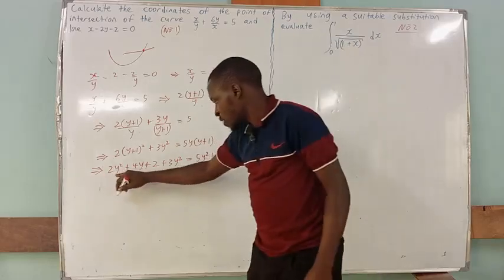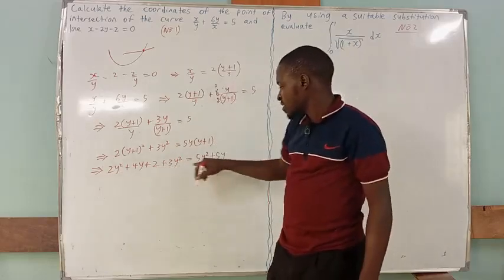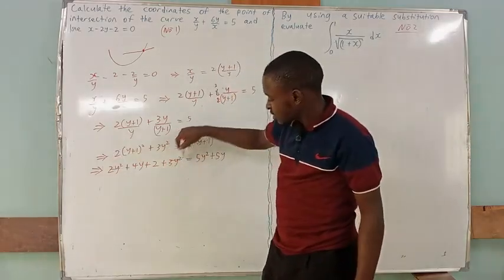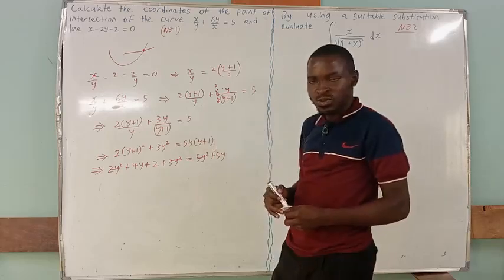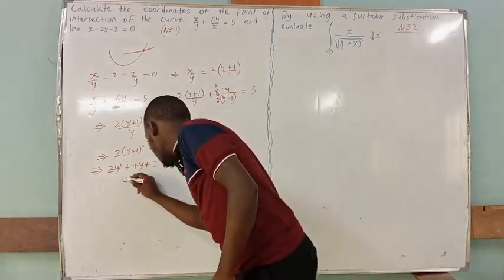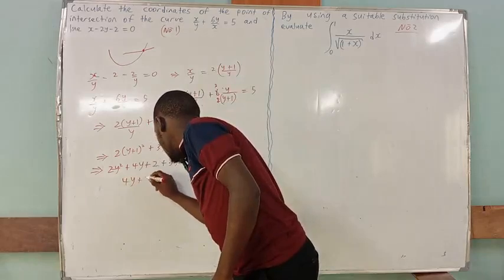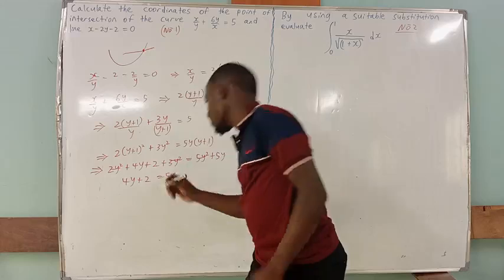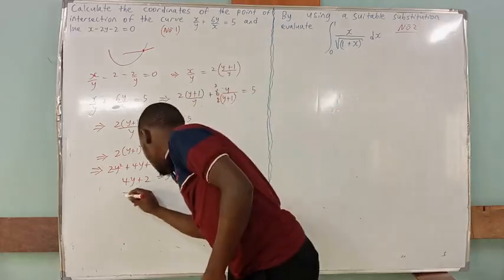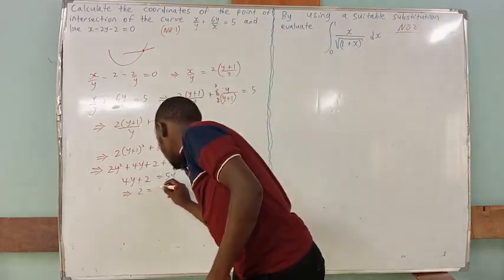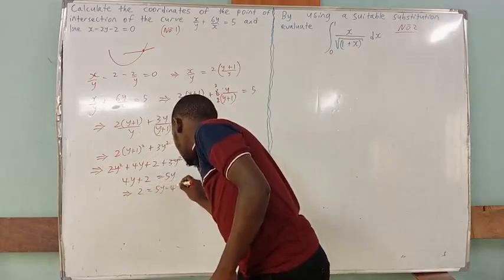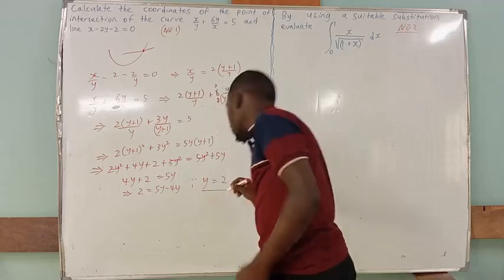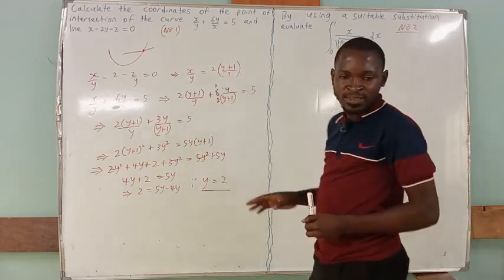Then this 2y squared plus 3y squared cancels with 5y squared. This one, and this one, and this one, they cancel. So I remain with 4y plus 2 is equal to 5y. This implies 2 is the same as 5y minus 4y. Therefore, our y is 2. That is the value of y.